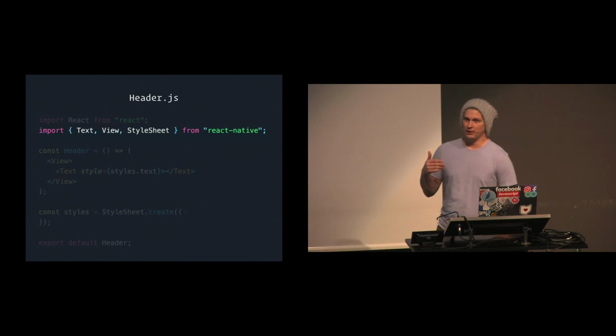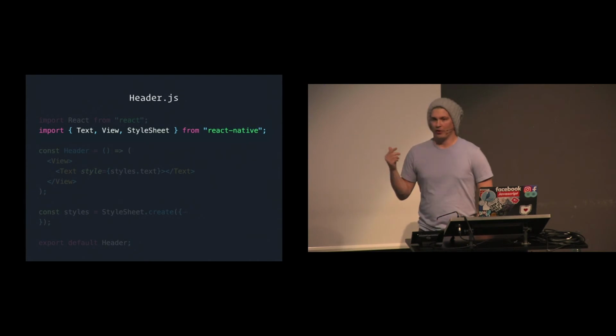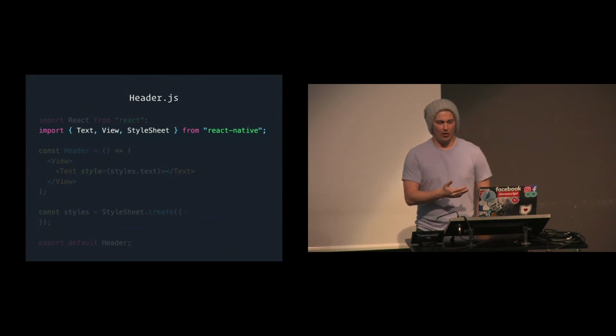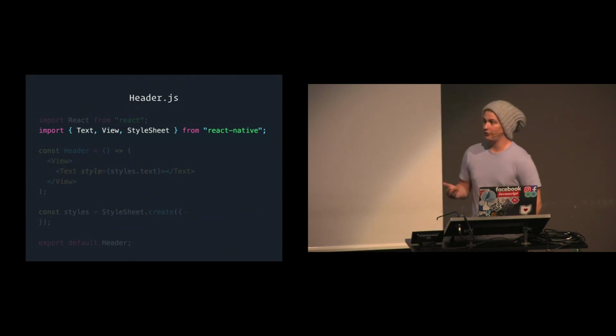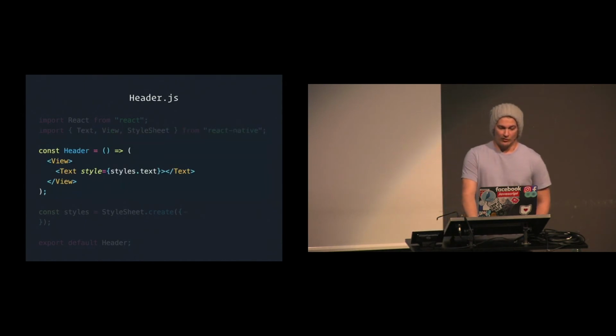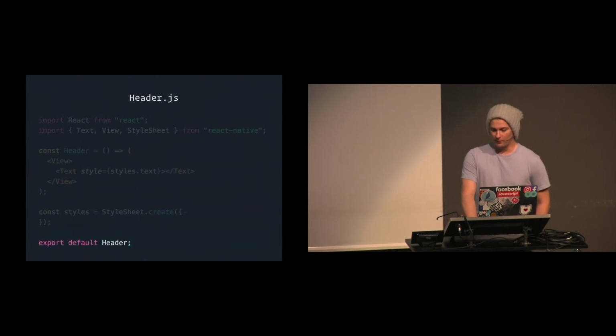So in the web app, this is actually importing React Native Web, but on the mobile app, it's importing React Native. But that doesn't matter to you because you can just copy all of the code from header.js or the React Everywhere component and paste them into your app. We're going to render a view with some text. It's going to have some styles, and we're going to export it.